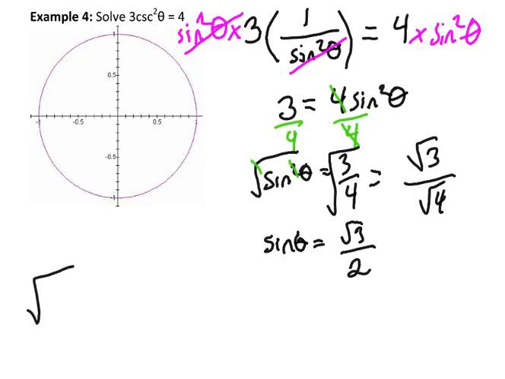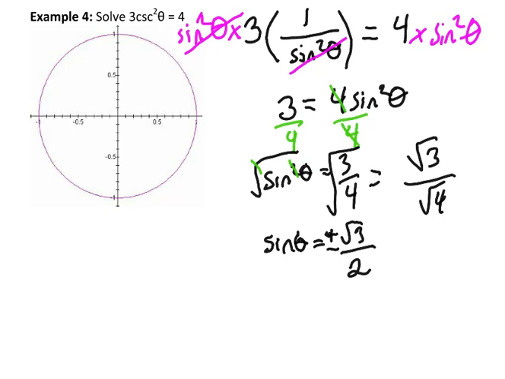So remember the square root of, say, 9 is not just equal to 3, it's equal to positive and negative 3, because negative 3 times negative 3 is still 9. So the same is true here. The square root of 3 over 4 is going to be positive and negative root 3 over 2.